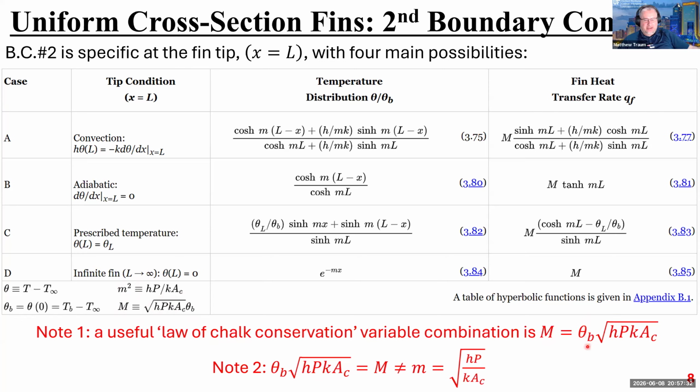So this is T_B minus T infinity multiplied by the square root of h P k A_c: convective coefficient, perimeter, thermal conductivity, and cross-sectional area. So I say here, note number two, capital M is not equal to lowercase m. This is a very common mistake because it's really easy, when you write problem solutions by hand, to get these mixed up, because capital M and lowercase m look very similar.